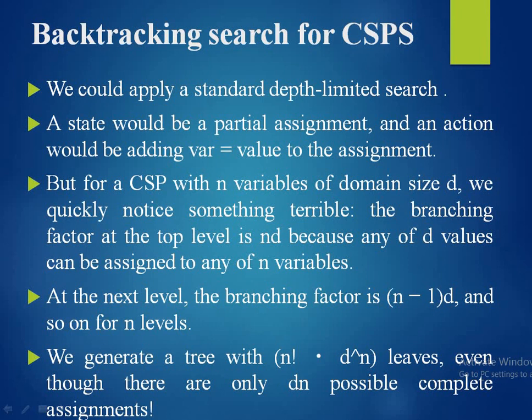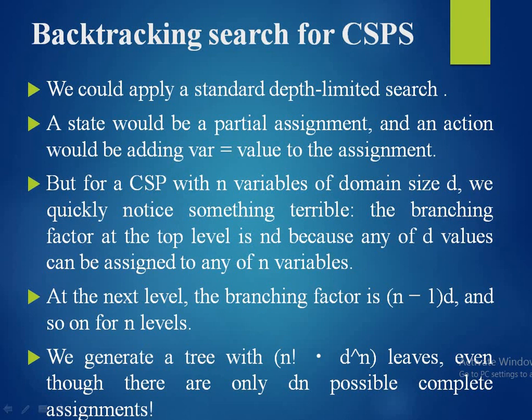We could apply a standard depth limited search. A state would be a partial assignment and an action would be adding var = value to the assignment. But for a CSP with n variables of domain size d, we quickly notice something terrible.